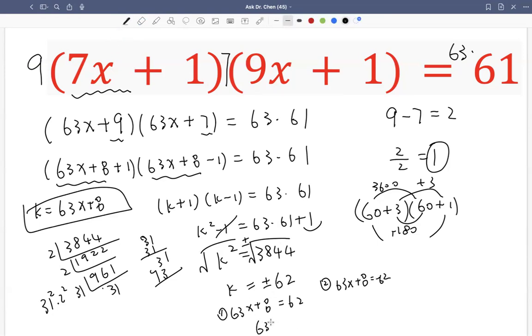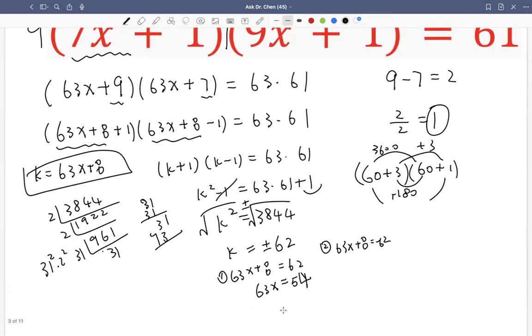So the 63x equals to 62 minus 8, 54. Then simplify, so divide both sides by 63. You get 54 divided by 63. Or divide this by 9, divide this by 9. Get 6 over 7.